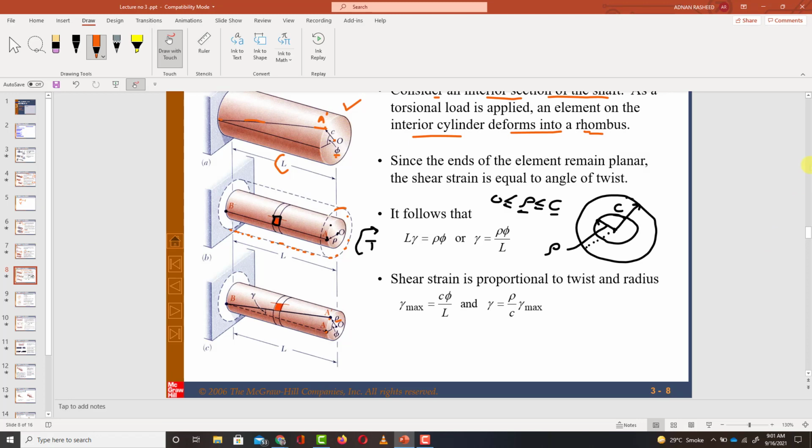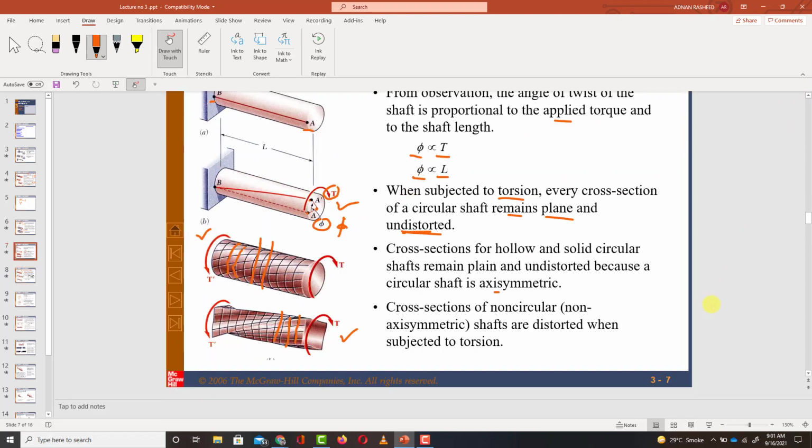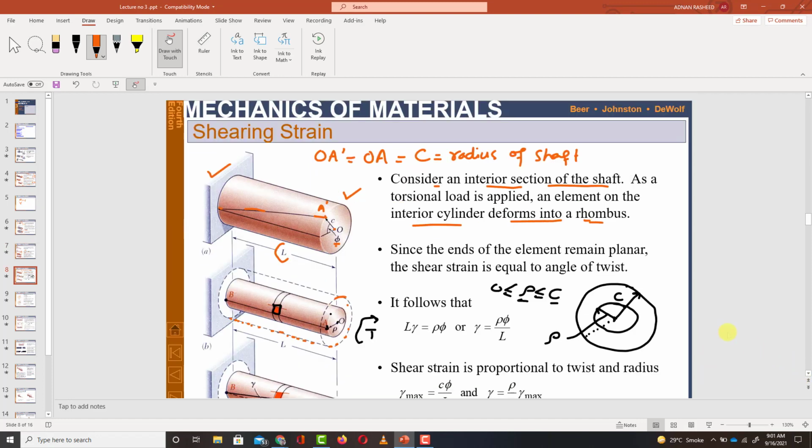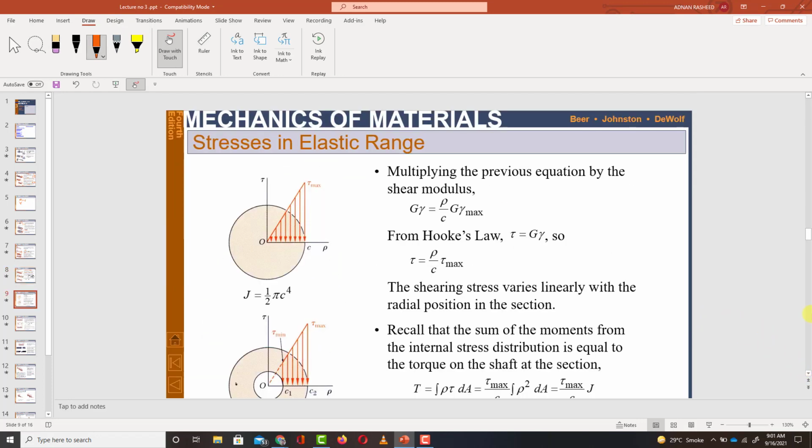Clear? One more thing: I had written OA is equal to OA dash is equal to C, but this is for the original shaft. So I will remove this OA dash and OA to remove the confusion.